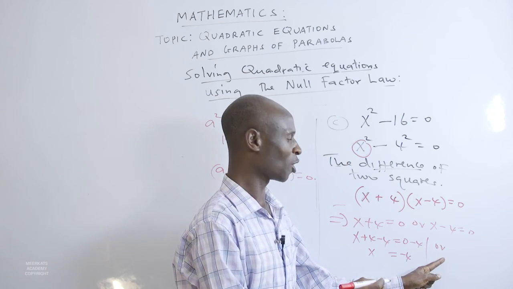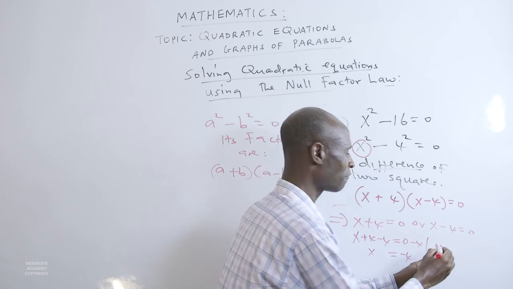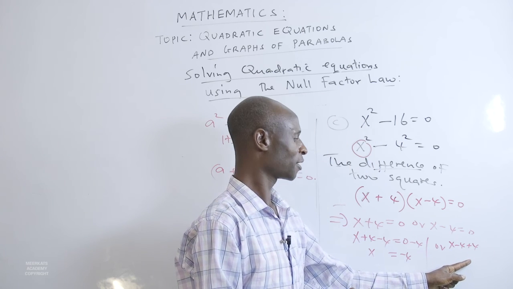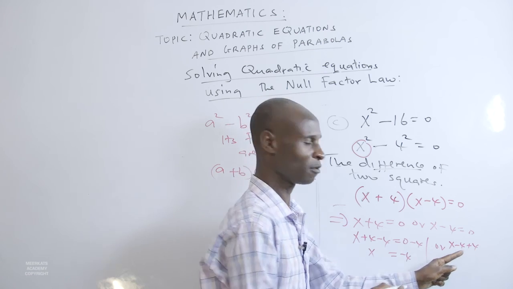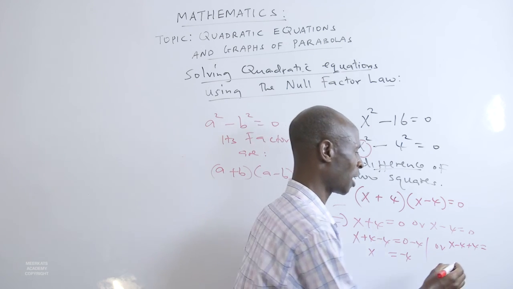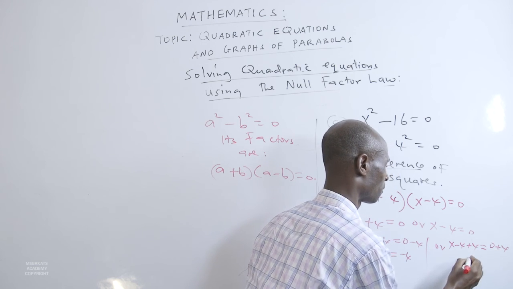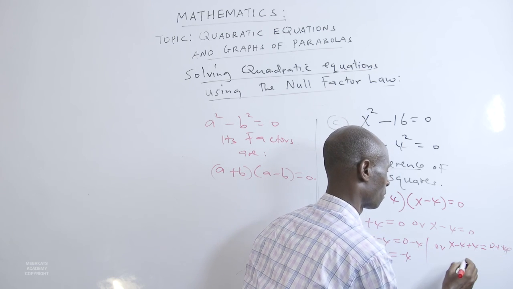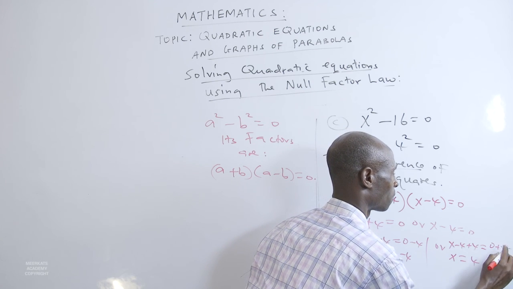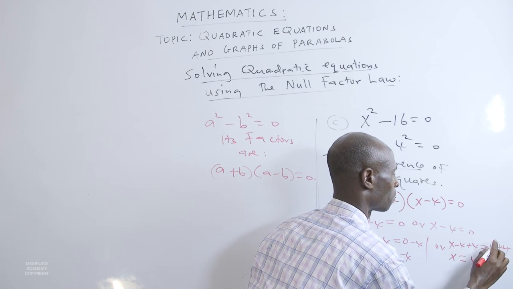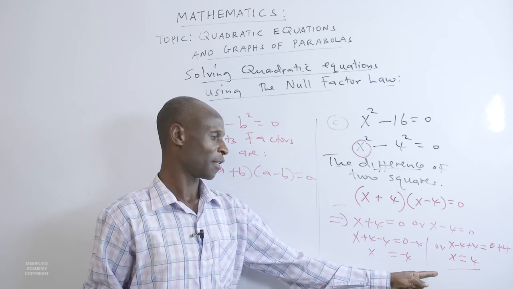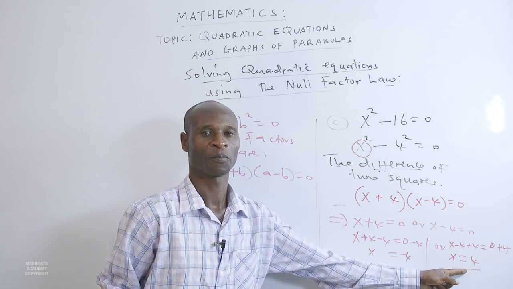Then for the second factor, because it's x minus 4, we add 4 on both sides, that is x minus 4 plus 4, which is equal to, on the right-hand side, 0 plus 4. So the last linear factor, the solution will be x is equal to 4.